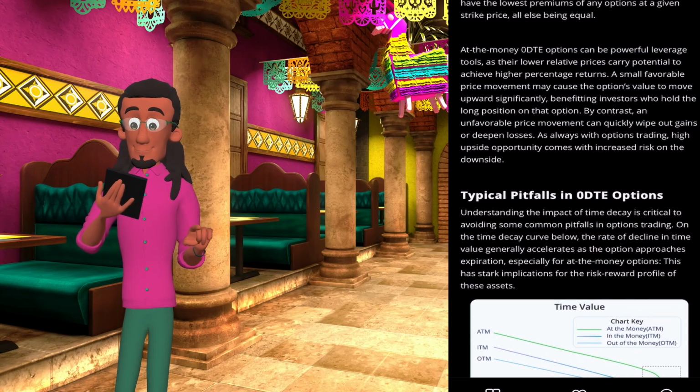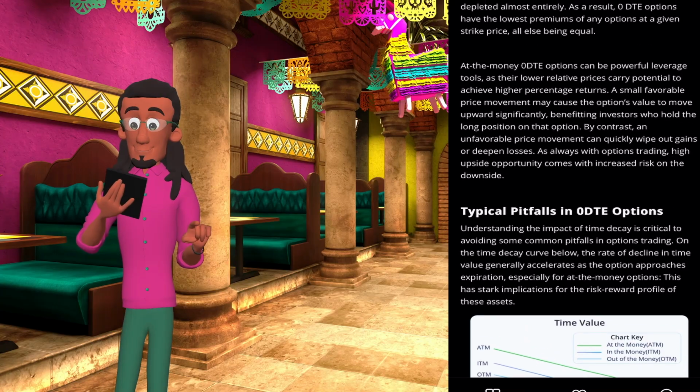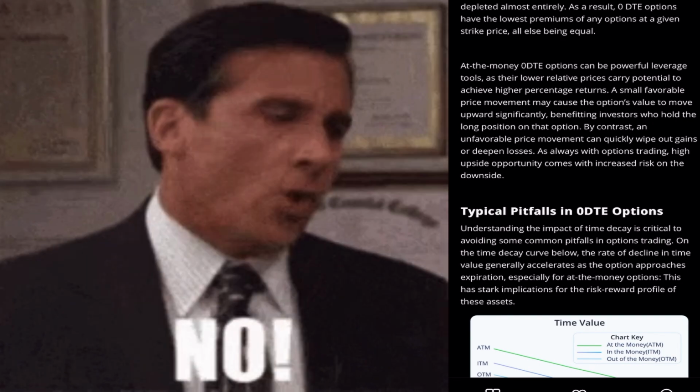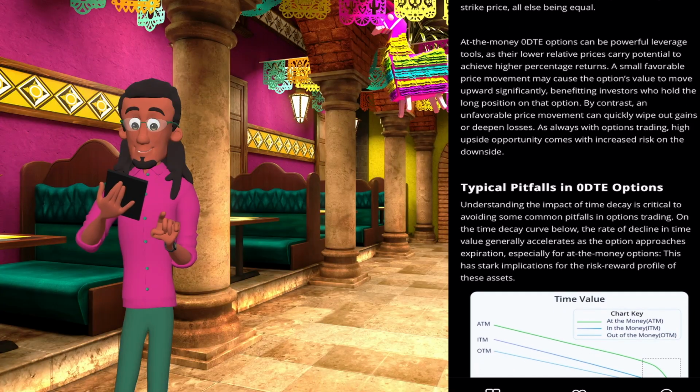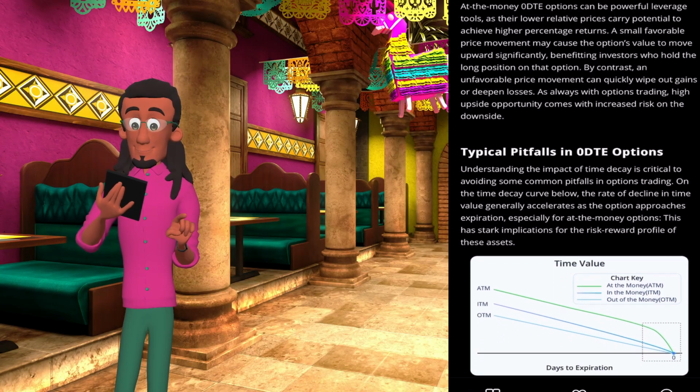At the money, 0 DTE options can be powerful leverage tools, as their lower relative prices carry potential to achieve higher percentage returns. A small, favorable price movement may cause the option's value to move upwards significantly, benefiting investors who hold the long position on that option. By contrast, an unfavorable price movement can quickly wipe out gains or deepen losses. As always, with options trading, high upside opportunity comes with increased risk of the downside.